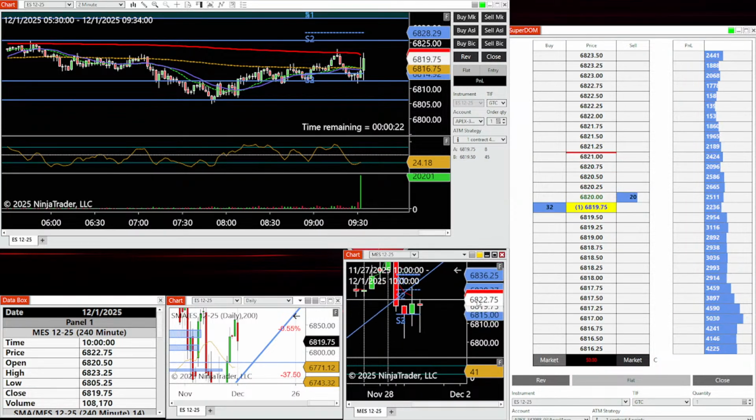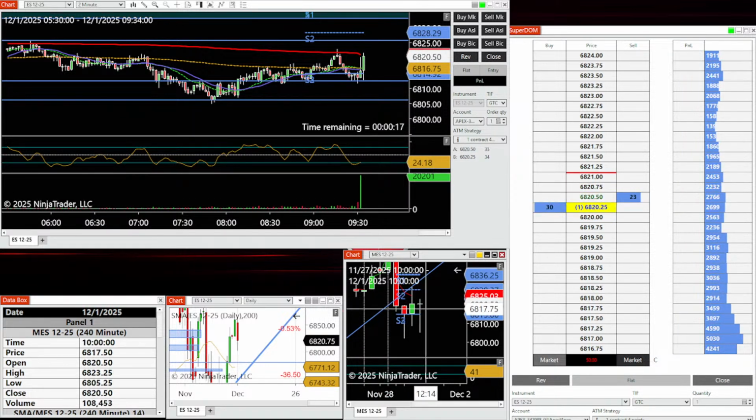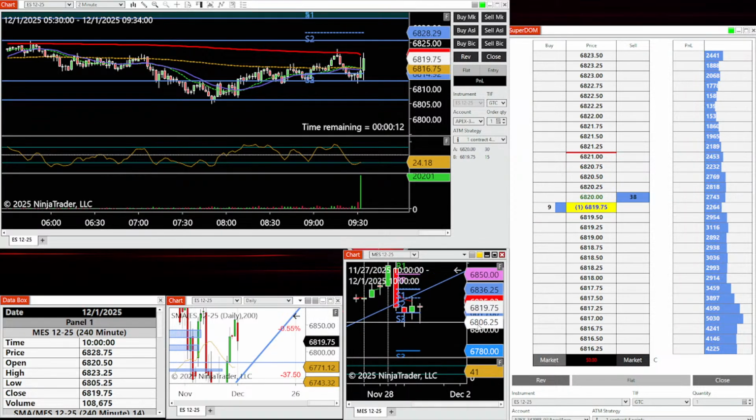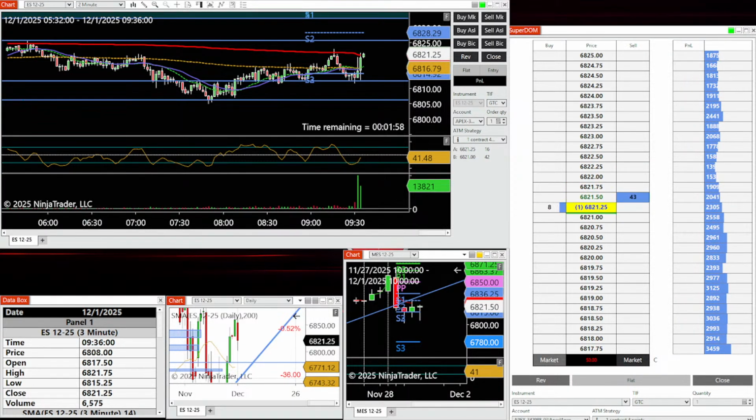If we want to go long, I'm going to see it come out here, but we'll see where the market goes. Back at VWAP.